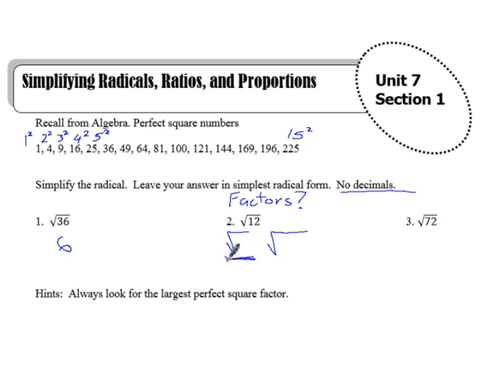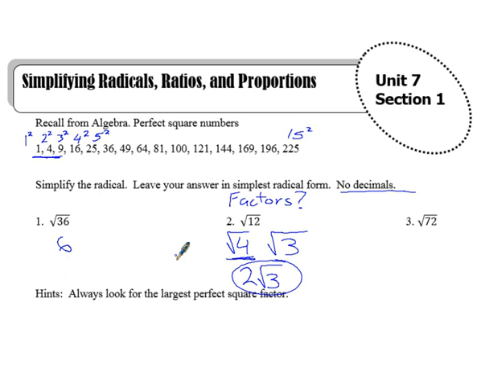So if I look at my list, I'm only going to be looking at these three numbers here because these are less than 12. So 4 is a factor of 12. 4 times 3 is 12. And now I can simplify the square root of 4. The square root of 4 is 2. The square root of 3 doesn't change. It stays the same. And so that is my answer in simplest radical form.